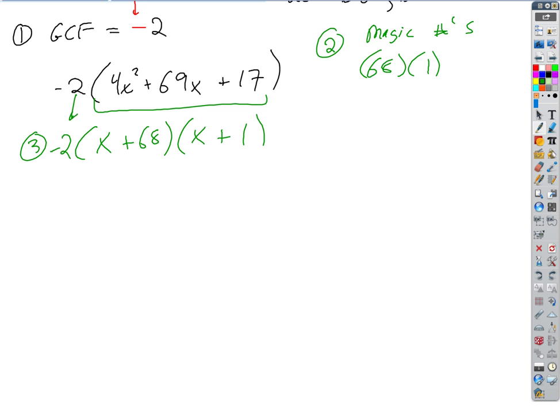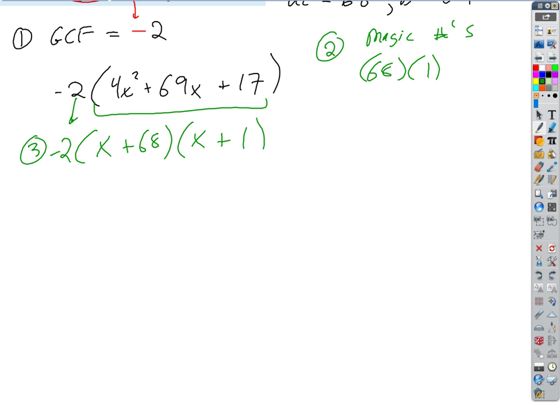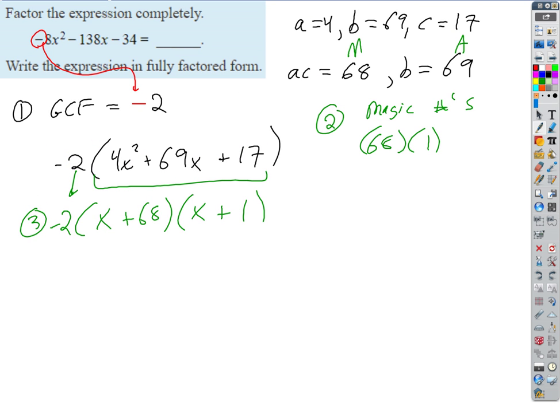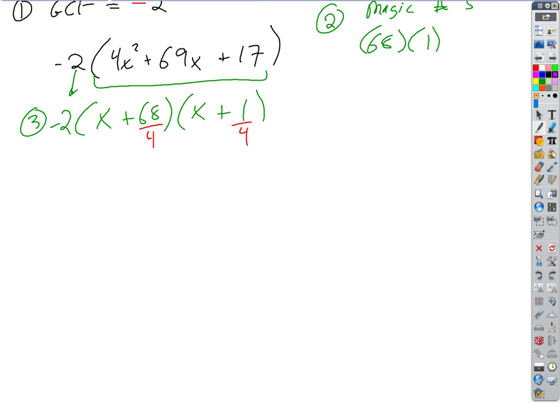And what's next? Not the negative 2. It's A. We're going to divide both of the magic numbers by A. Reduce, right? That's probably step 5, actually. x, 68 over 4, what is that? 17? Good.